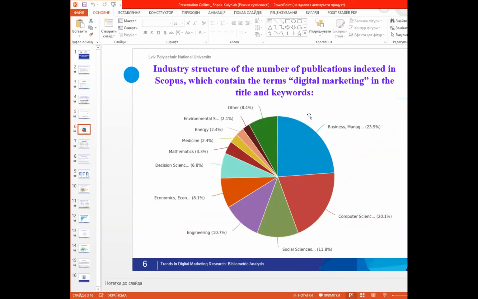The next slide represents the industry structure of the number of publications indexed in Scopus which contain the term digital marketing. You can see that the main part is business and management publications, then computer science, social sciences, and engineering.